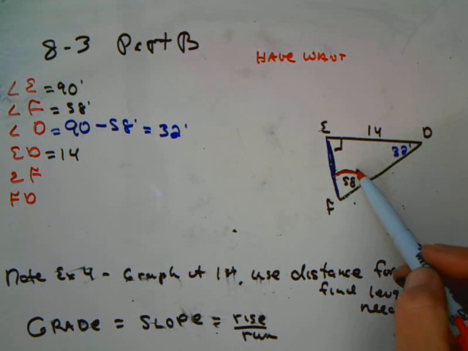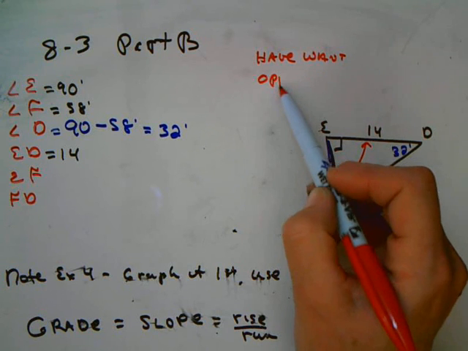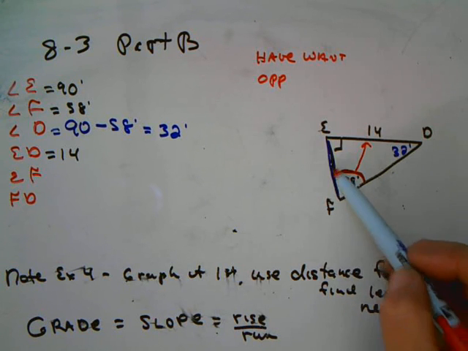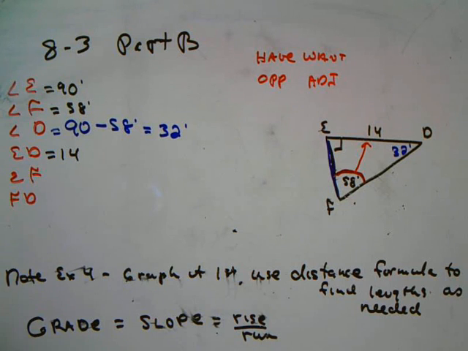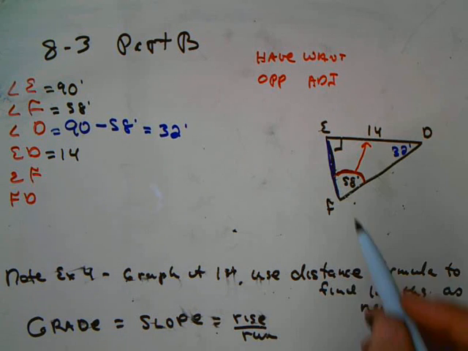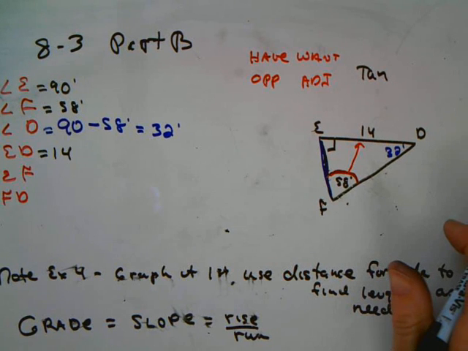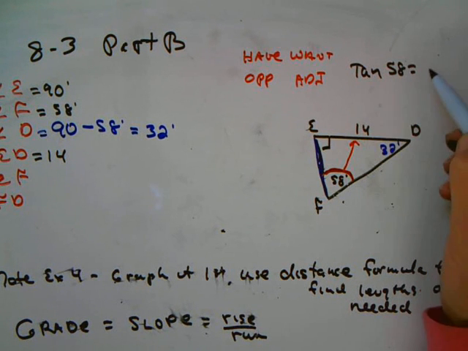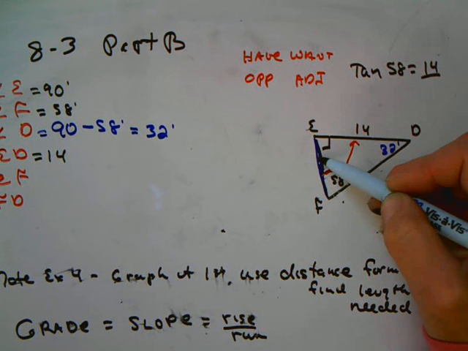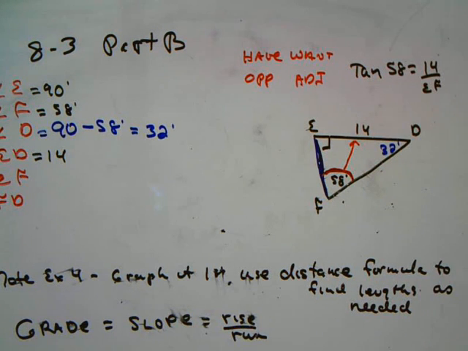We have the opposite leg, and we want the adjacent leg. Thinking SOHCAHTOA, that means we're going to use the tangent. The tangent of 58 degrees equals the opposite, 14, over the adjacent leg, EF.